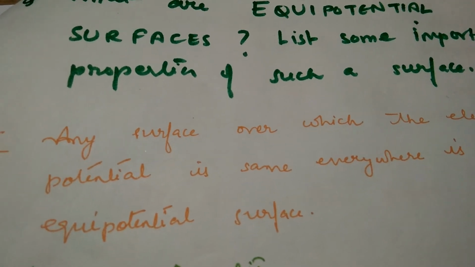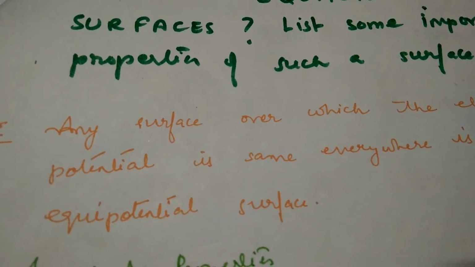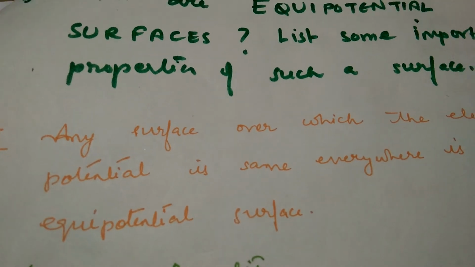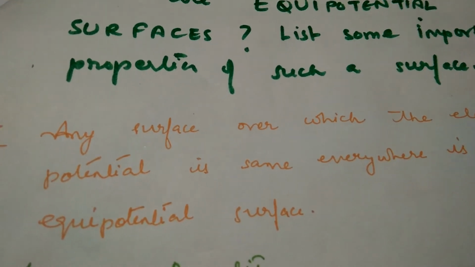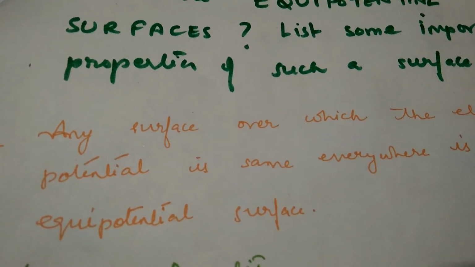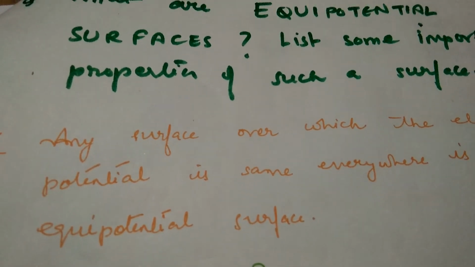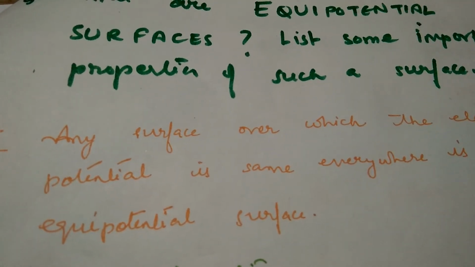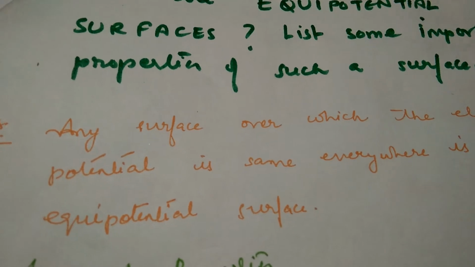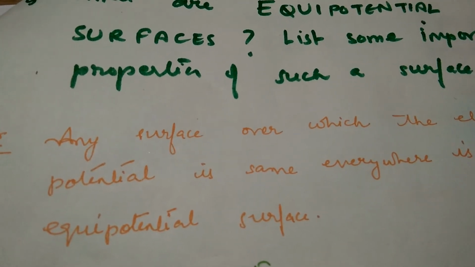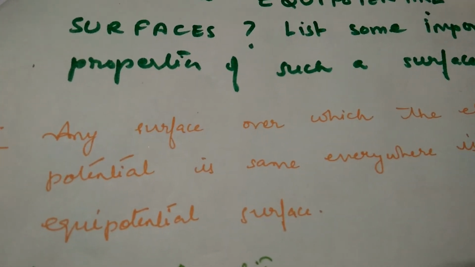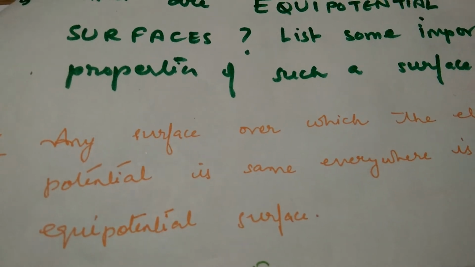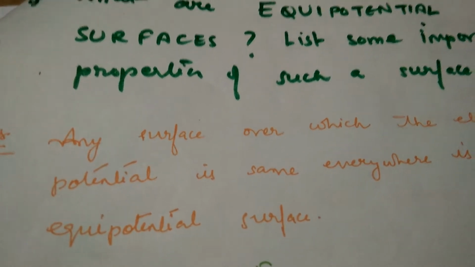There the potential will be 1 by 4 pi epsilon naught q by s, since my charge has not changed. On that sphere also, every point will have the same value of the potential. So like this, we can imagine infinite surfaces just by changing the distance. This is in case of a sphere.